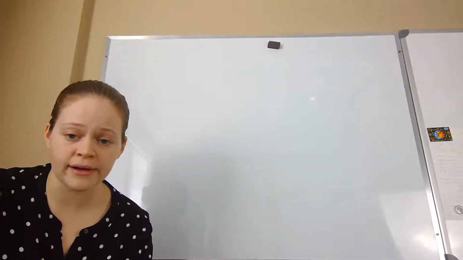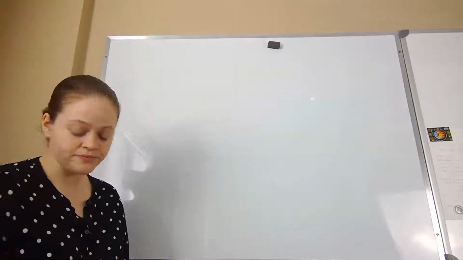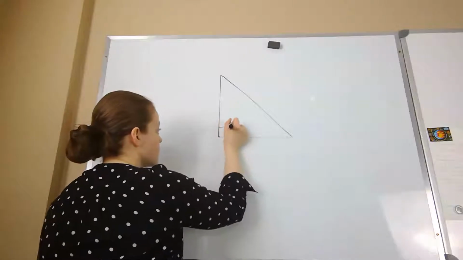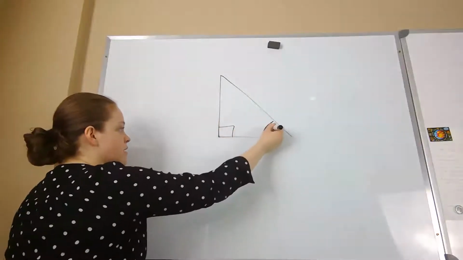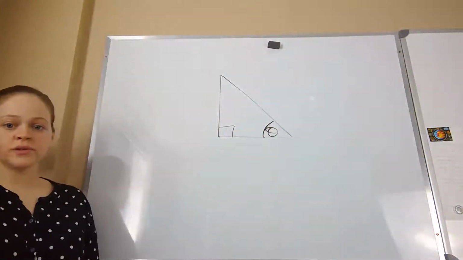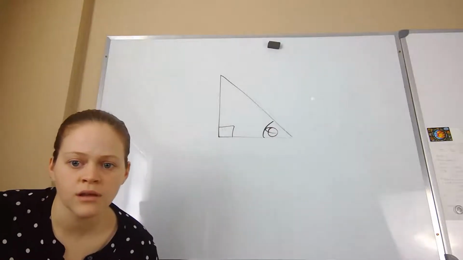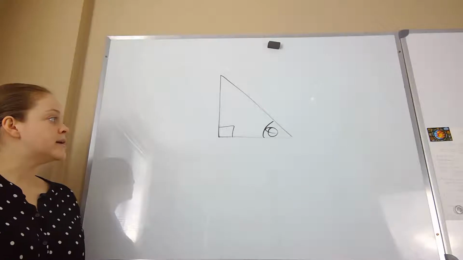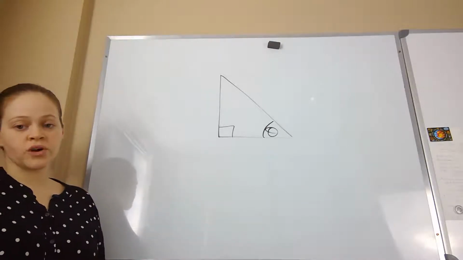Let's start with labeling a triangle. Let's just say this is your angle, okay? So let's start with just labeling first of all.